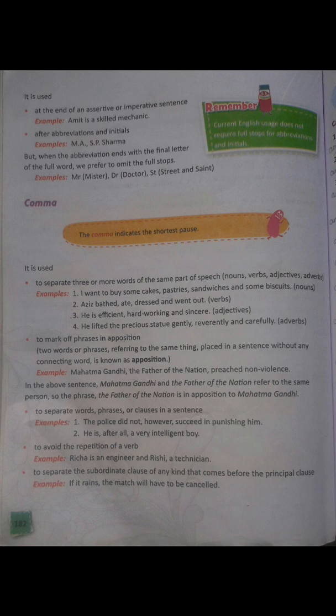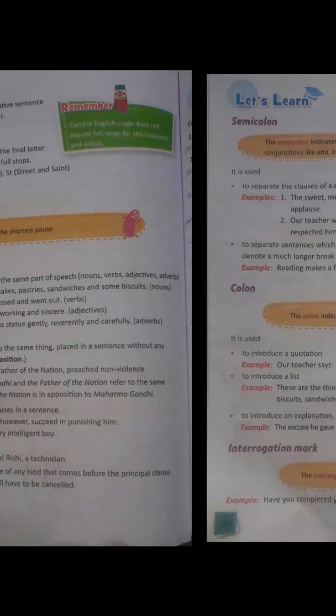So if it rains is the subordinate clause, so it will be followed by a comma. The match will have to be cancelled is the main clause or principal clause. So, if it rains, comma, the match will have to be cancelled.